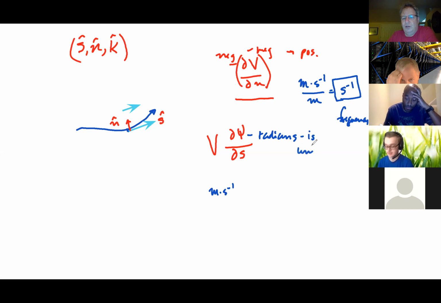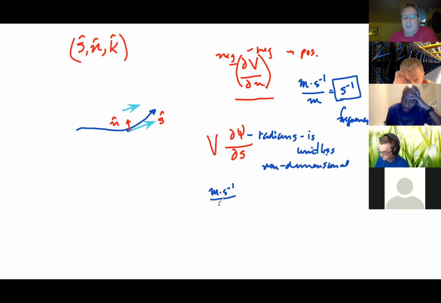It's unitless, or non-dimensional. There's no dimensions. Dimensionless, unitless, whatever you want to say. And then S is a distance, so it's going to be divided by meters. So again, it's s to the minus 1. So curvature results in vorticity.